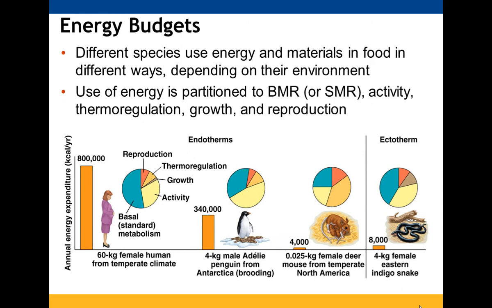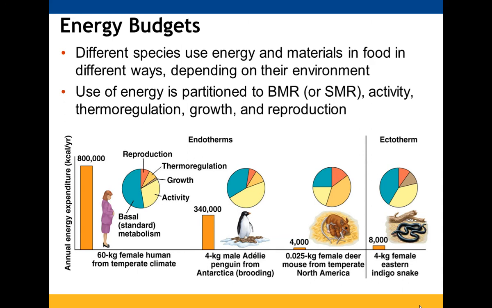How we use our energy is going to depend on what that particular organism needs. And so, the main areas we're going to see it are in terms of maintaining that metabolic rate, what types of activities you do, how much thermoregulation is required, whether you're growing, how much growing is taking place, and whether you're reproducing.